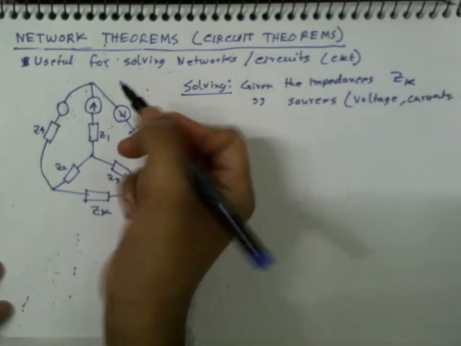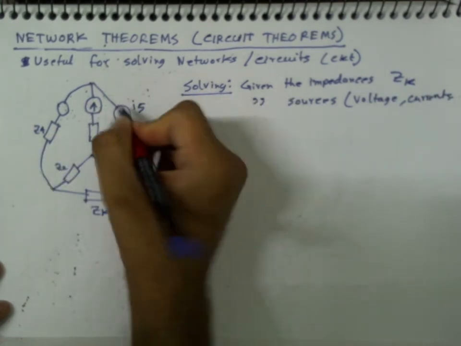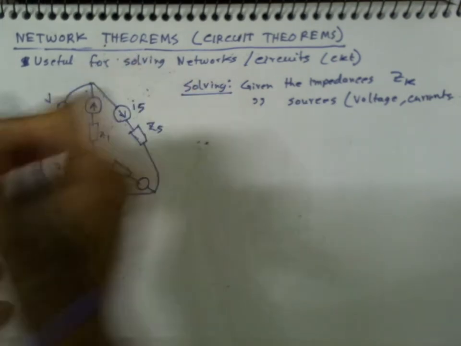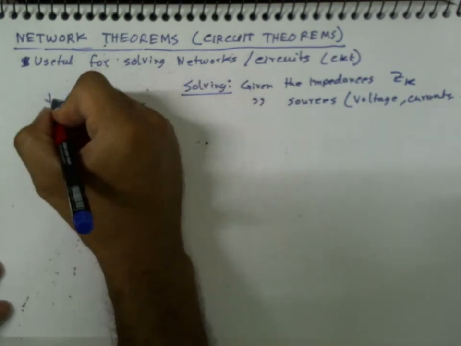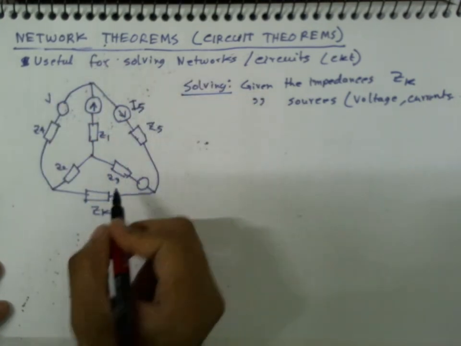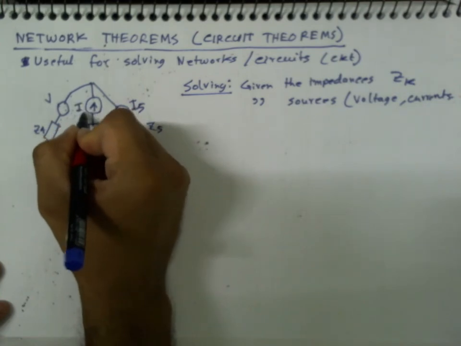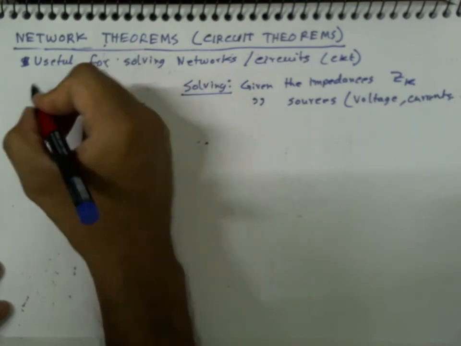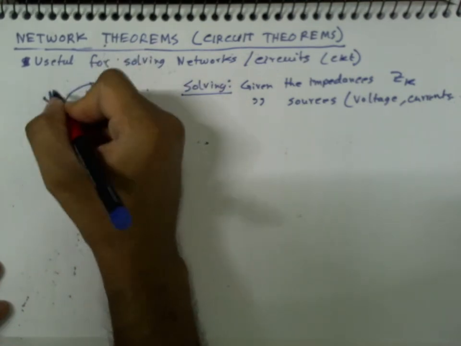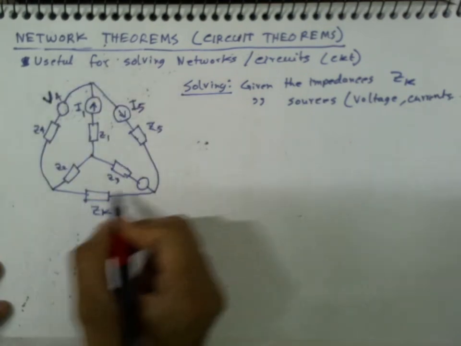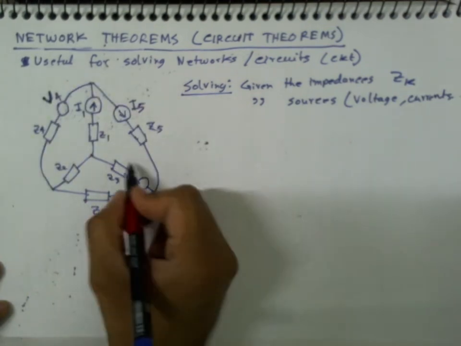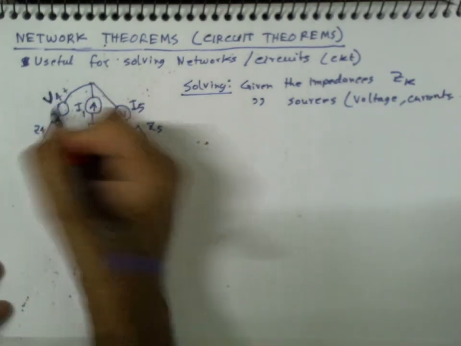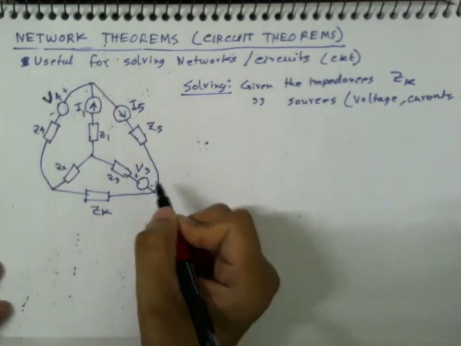Maybe this current is I5, this voltage Vs, this one capital I1, this capital V4, and this is capital V3. All these values, and also their directions, of course required.